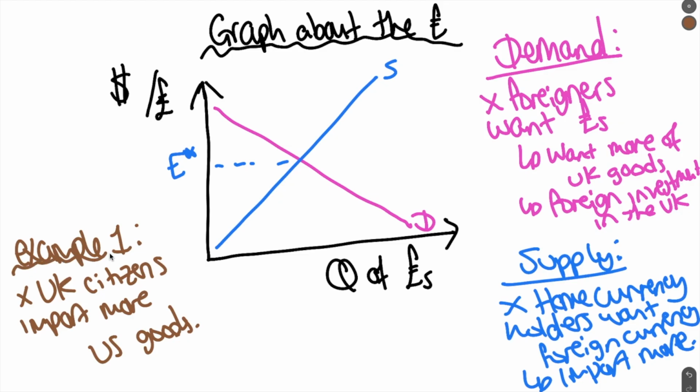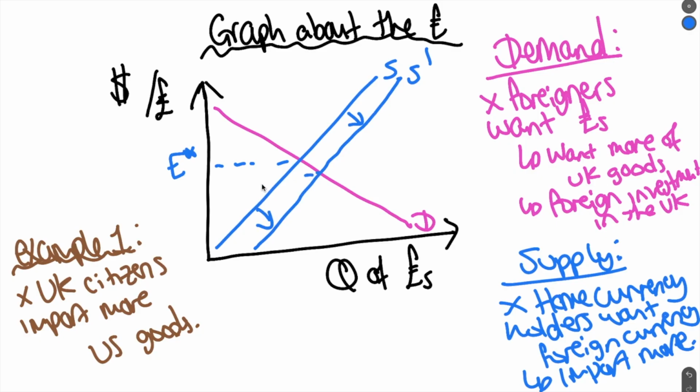So what's happening here? This is people with the pound wanting to switch it to dollars because that's the only way you can buy US goods, okay? So you're going to that shed and you're handing over your pounds for dollars. Well, when we have pounds, and that's the thing that's changing, it's supply. So supply of pounds is shifting out, okay?